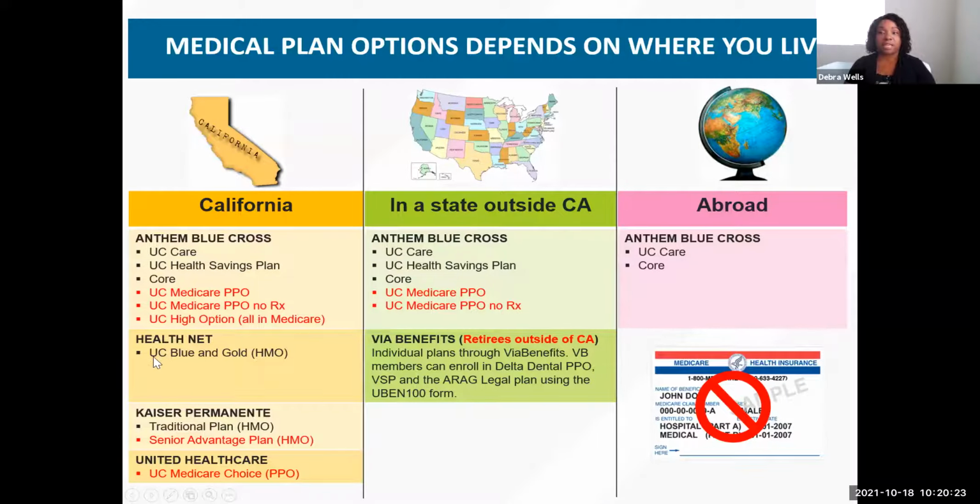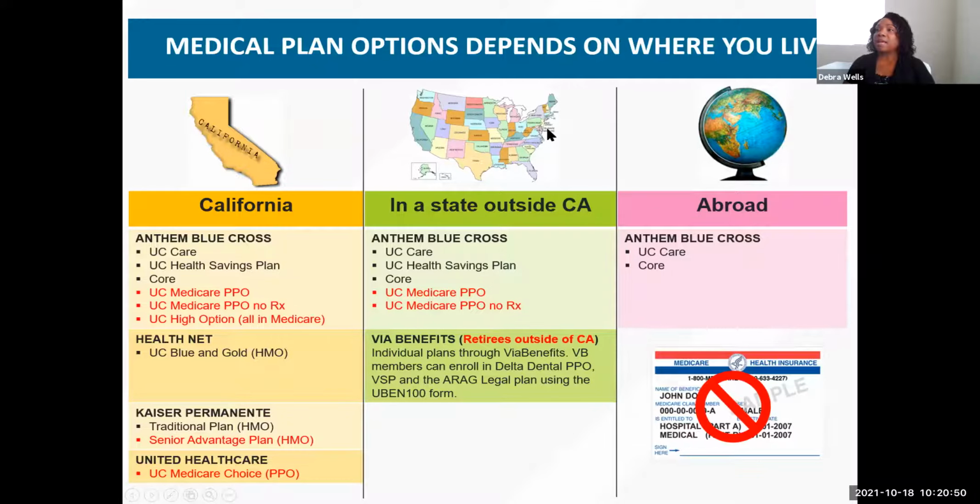You have HealthNet that administers our UC Blue and Gold. Kaiser administers our two Kaiser plans, the non-Medicare and the Senior Advantage. And United Healthcare administers our UC Medicare Choice PPO plan. Our United Healthcare plan is for those that are in the Blue and Gold plan and age into Medicare. This is your Medicare equivalent plan.